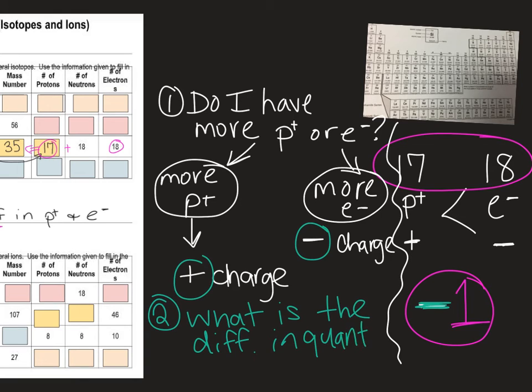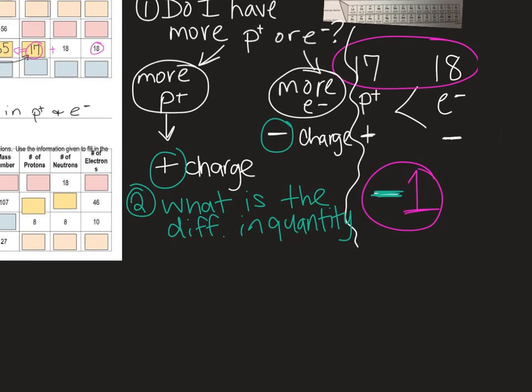So now you can deal with the number part. For ours, we said 17 and 18. So it's really just taking your big number minus the small number to figure out the difference between those, and that will be your number for your charge.